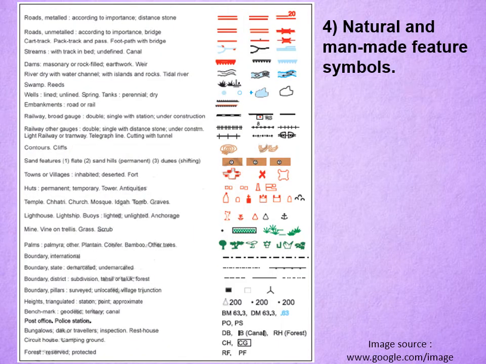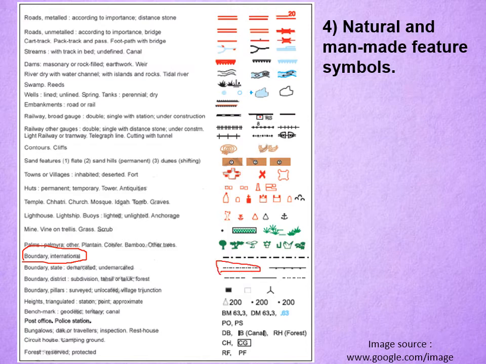Now, along with the colors, there are different symbols indicating different features in your given area. Say, for example, if an international boundary is passing over your area, that will be marked with these kinds of dotted lines. If a state boundary is passing, that will be marked with these kinds of dotted lines.